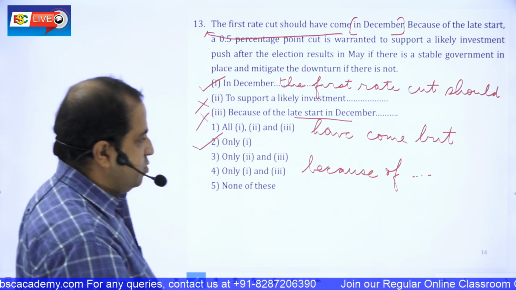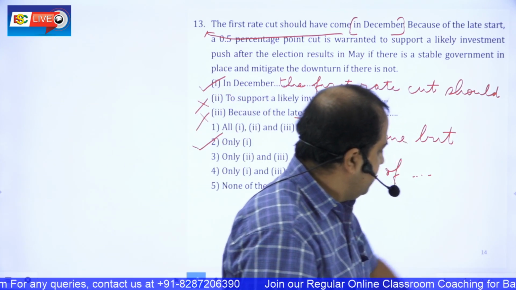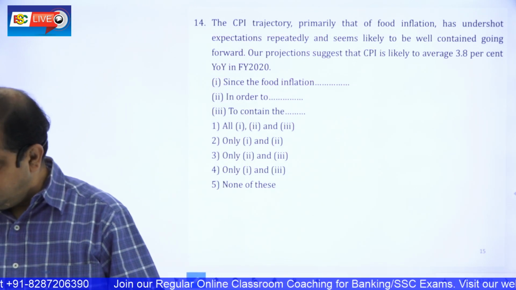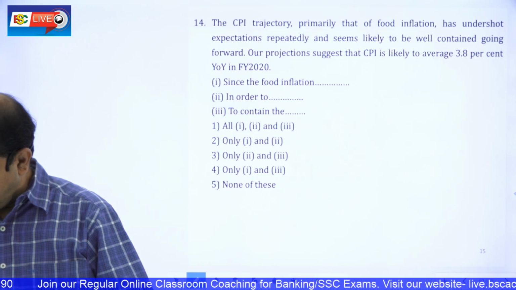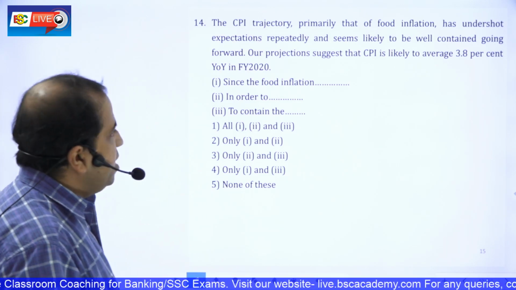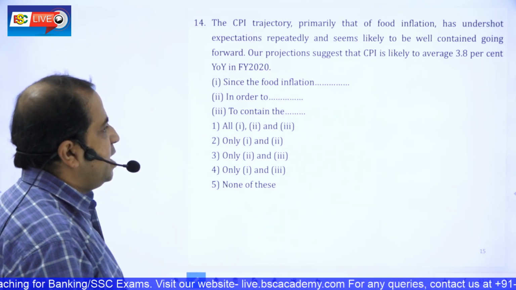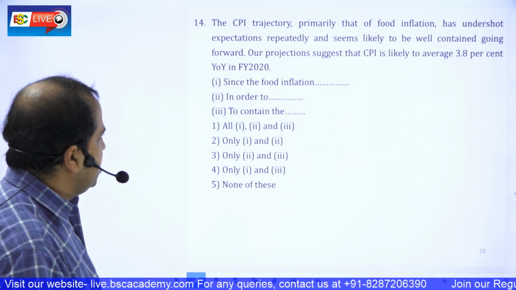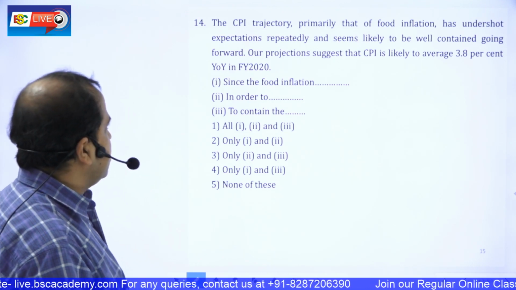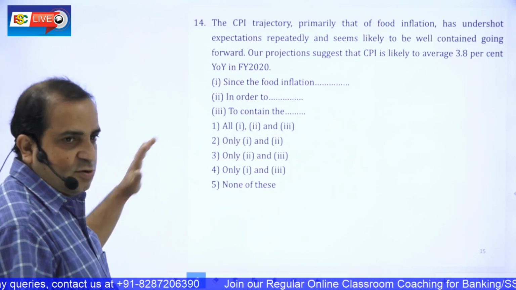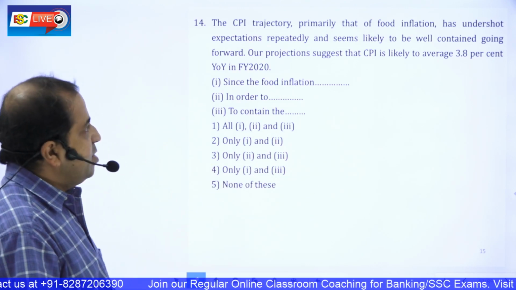We now go to question number 14. The CPI trajectory, primarily that of food inflation, has undershot expectations repeatedly and seems likely to be well contained going forward. The CPI trajectory, CPI का जो growth path है, trajectory, primarily that of food.